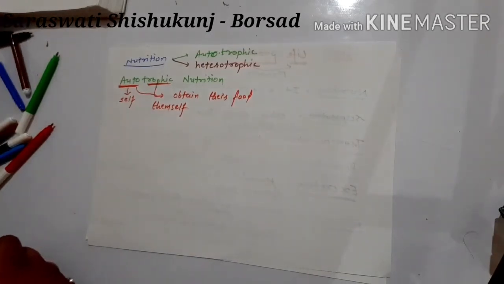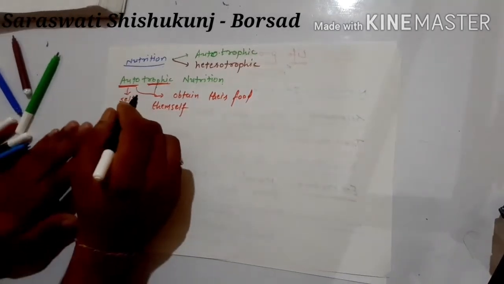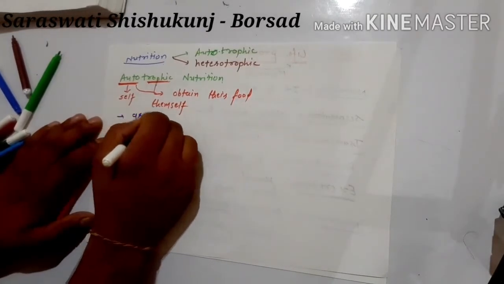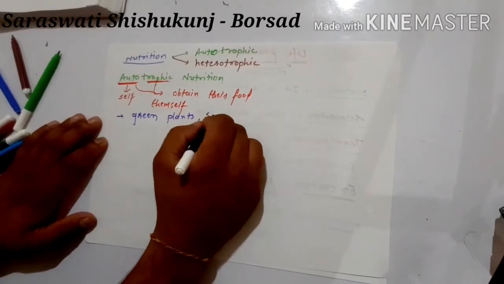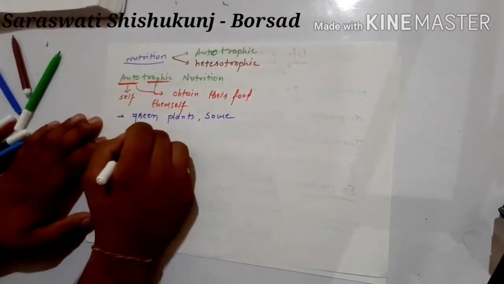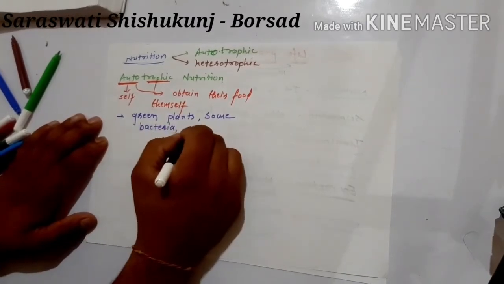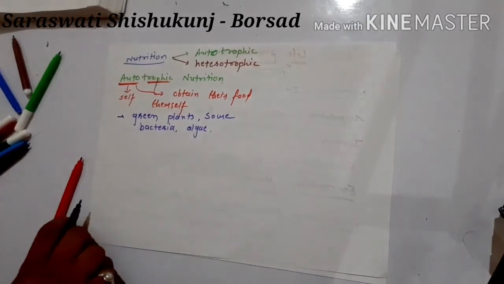as autotrophic nutrition. Now in this autotrophic type of nutrition, we will have examples of green plants, some bacteria, and different types of blue-green algae.